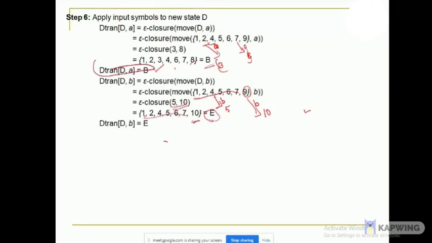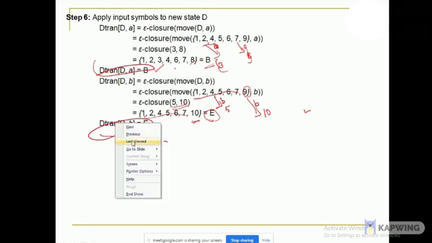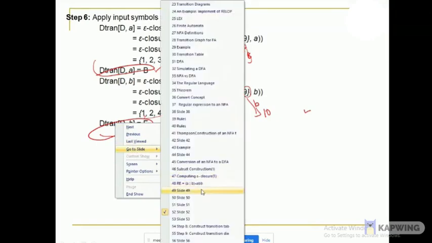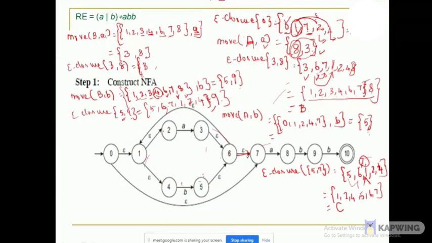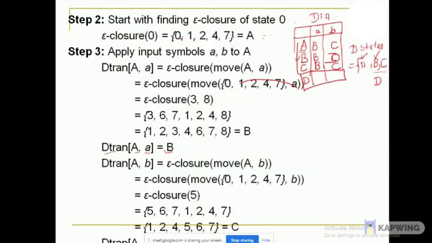And on input symbol B, it is moving to E. So let me write it here as B and this one is E. Add new state E. Now find transition for E.